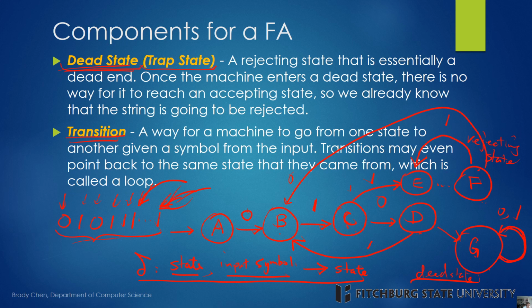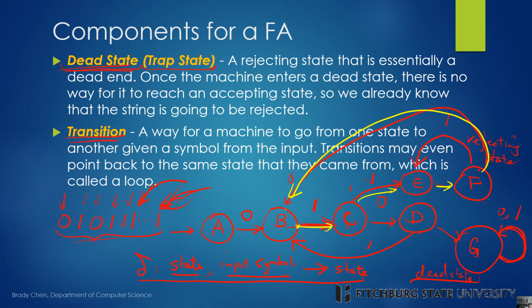In this case, we call it a loop. Let me use different colors so you can see it clearly. If we reach that point, then we move next, and next again.